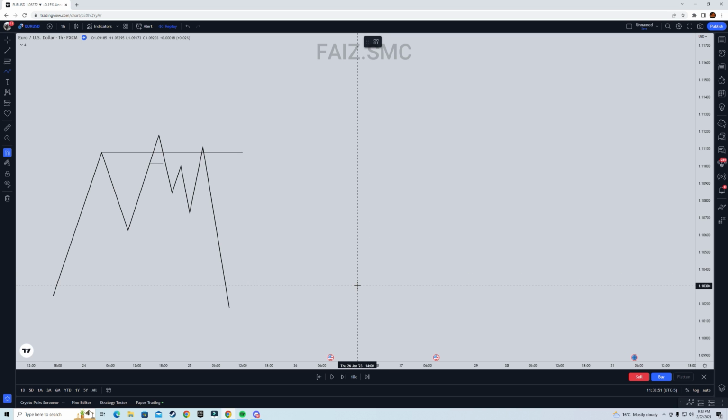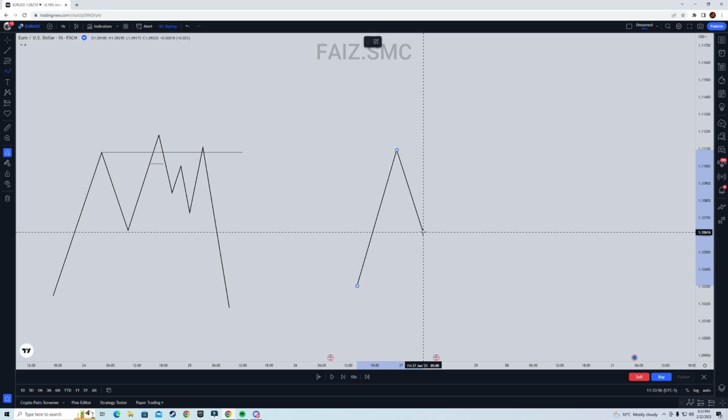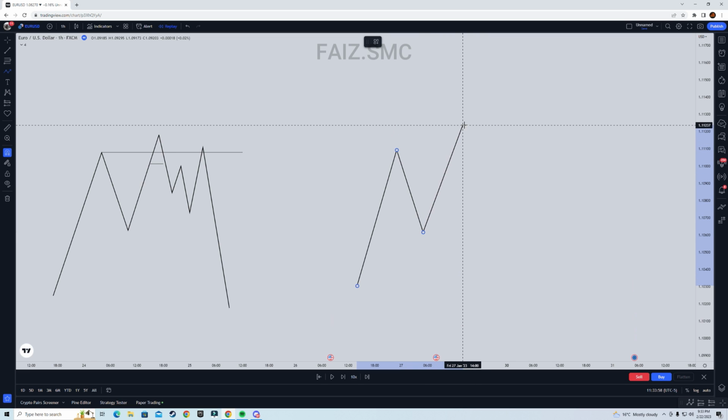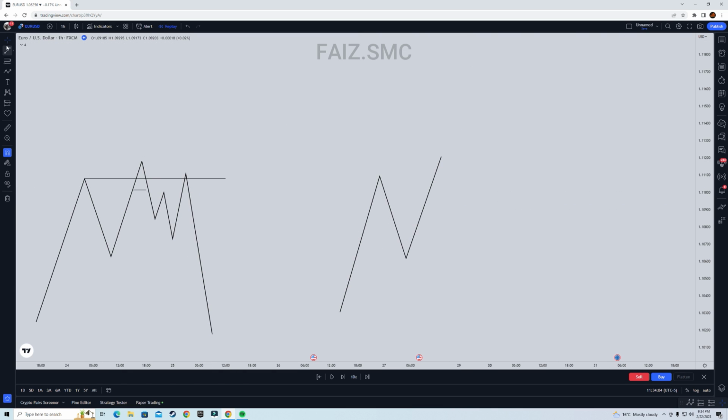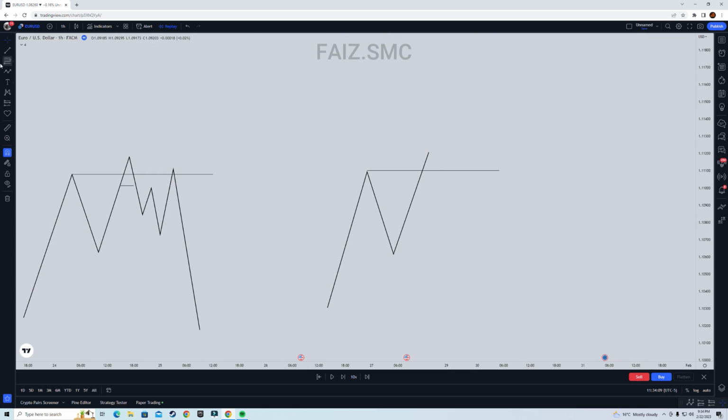ABC is basically a leg or a trend in one direction. Then the B leg is the trend in the opposite direction, and the C leg is the trend in the same direction as before. So we have A, B, C, right? And then we look for a shift in market structure below the high of the A leg, which is right here.